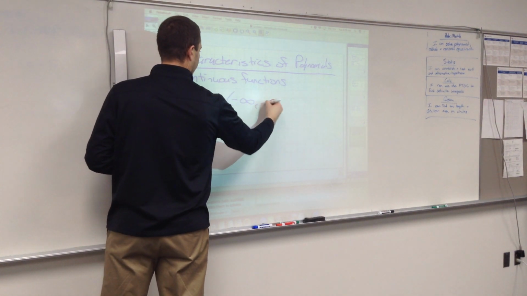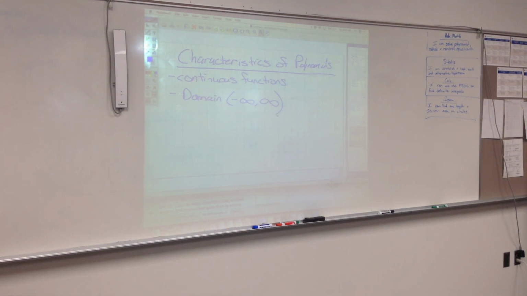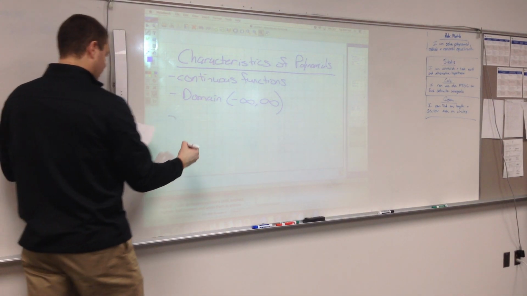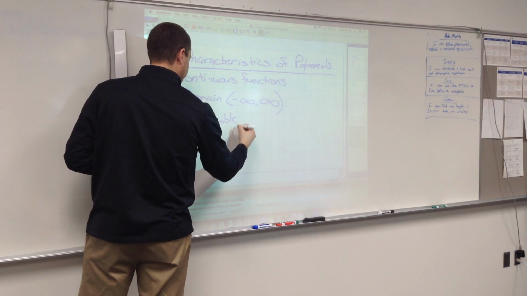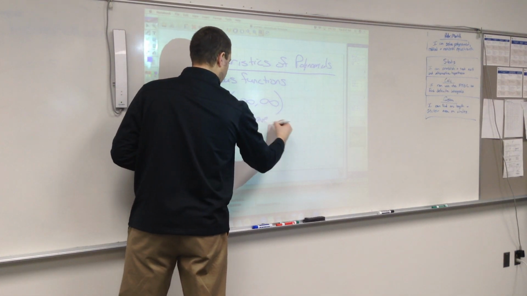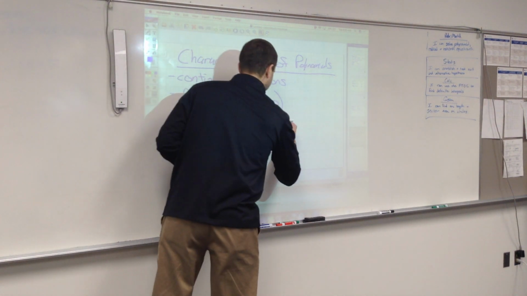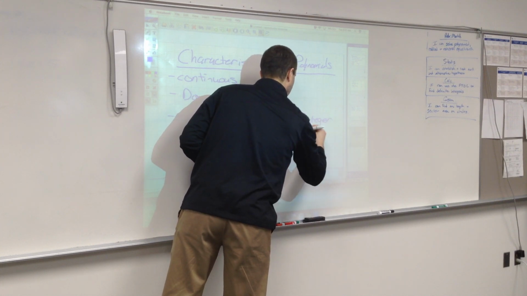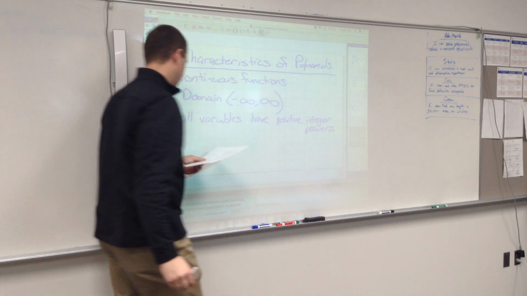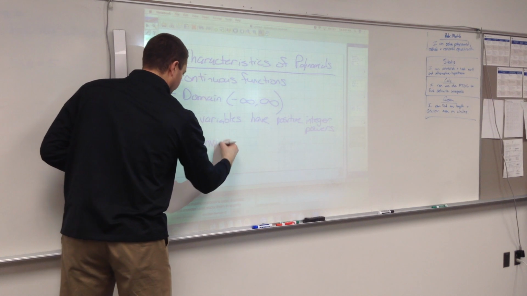Their domain will be all real numbers, so everything from negative infinity to positive infinity. And we've talked about these other ones just a little bit. All the variables have what type of powers? Positive integers. Okay? They have positive integer powers. And it can involve more than one variable, but we don't work with too many of those.